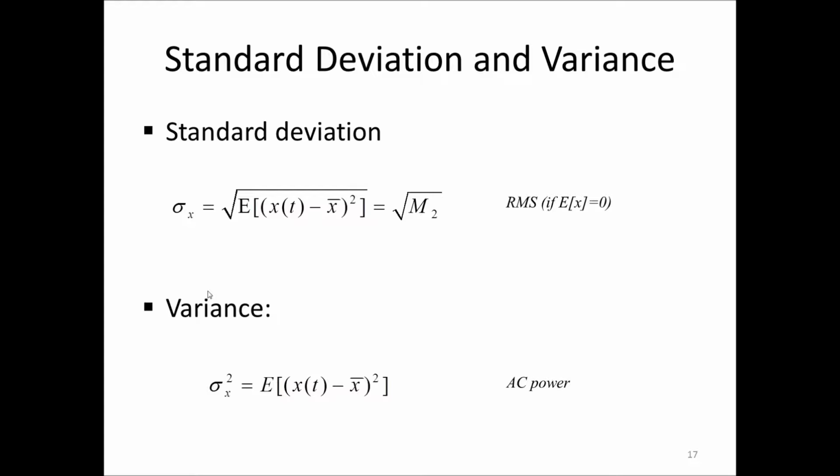This is also equal to the square root of the second moment. And if you look at a real signal, this is essentially the RMS value if the mean of the signal is 0, as we assume. The variance is simply the square of the standard deviation and is related to the AC power of the signal.